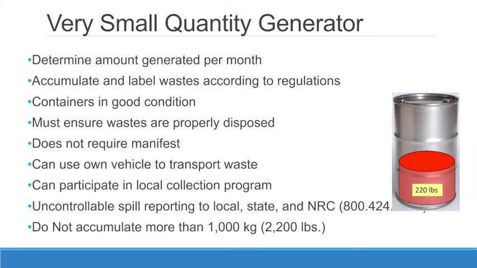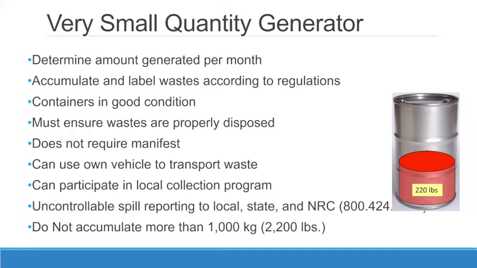I need to accumulate and label the waste according to the requirements. So we're going to cover that in our next session in terms of proper labeling. But as a quick insight, basically, as a minimum, I need to be putting a label on that container that says hazardous waste. I also need to be able to put on that a description of what's in that container.